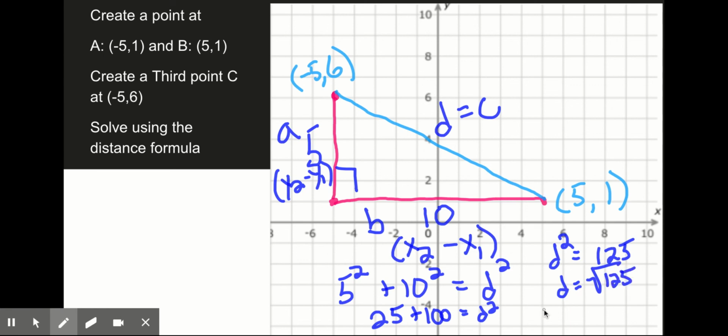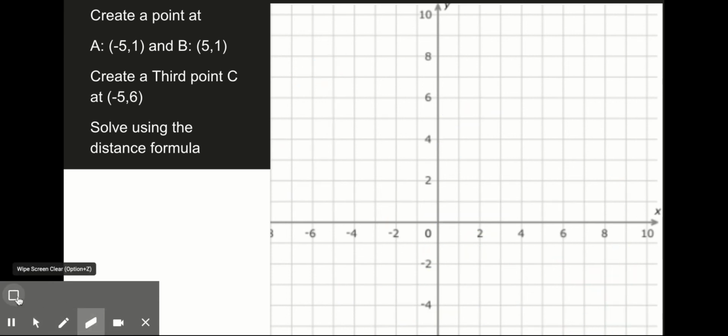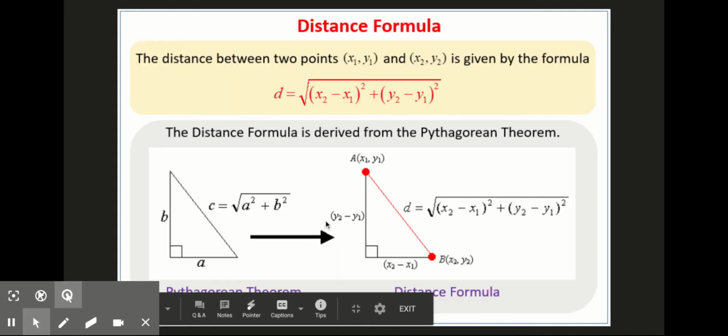And what have I learned? I've learned how to split this up. I'd say, oh, that's 25 times 5, so that's going to be 5 root 5. And there you go. I hope this video helps in many respects. I hope it shows you, if you're ever in a situation where you forget the distance formula, so you're on the SATs or something, then you can go, wait.